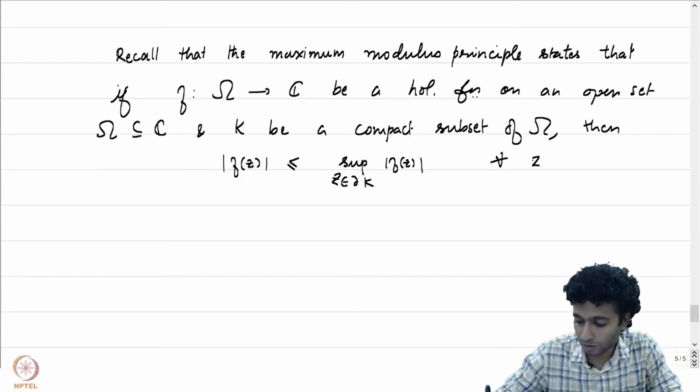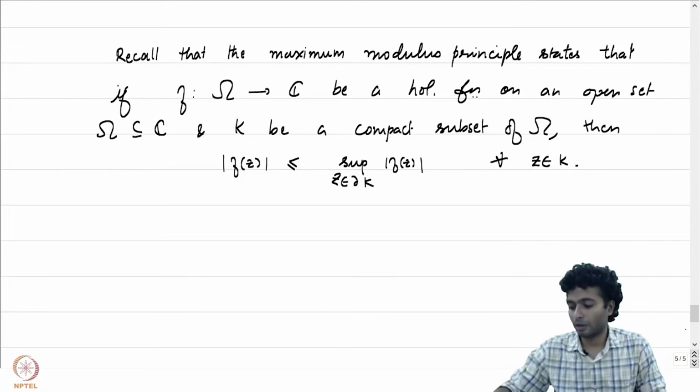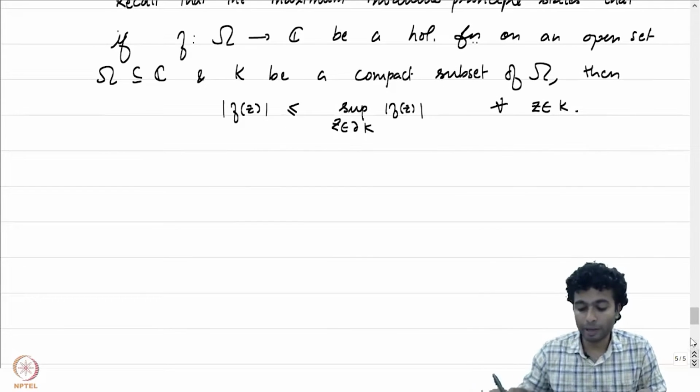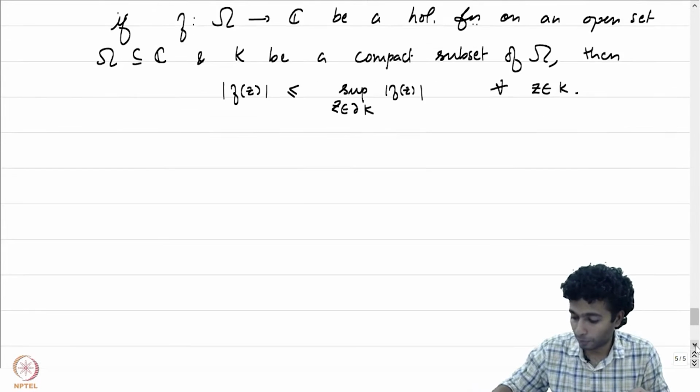This is true for all z in K. So this is the exact statement of the maximum modulus principle which we had proved.